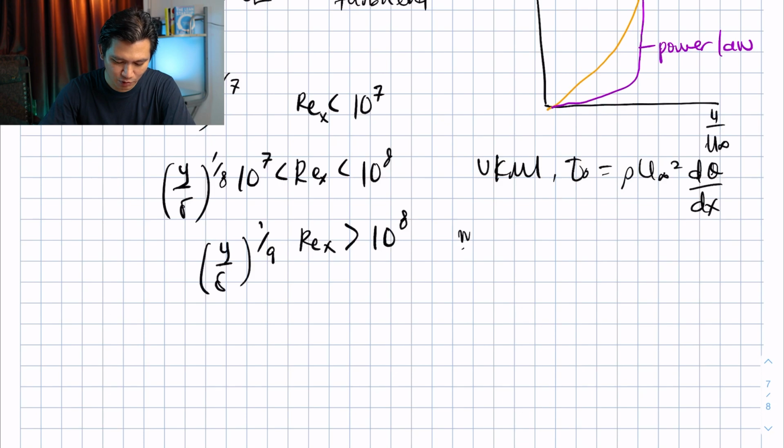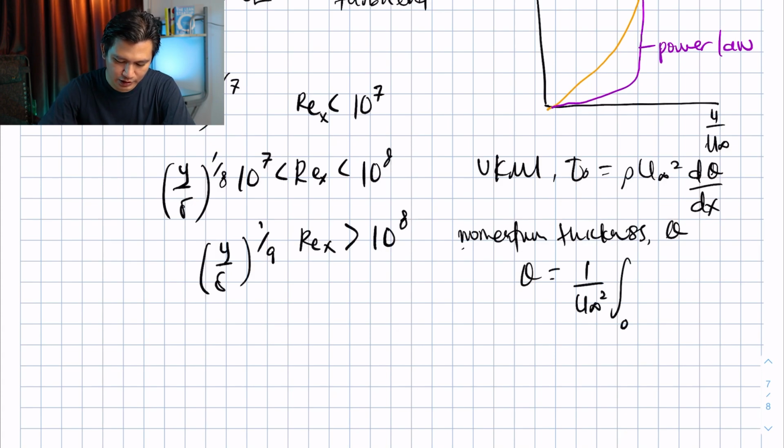And theta is the momentum thickness, right? And theta is equal to 1 over u infinity squared, integration from 0 to delta, of u times (u infinity minus u) dy.